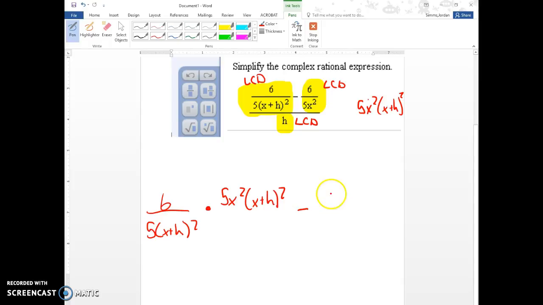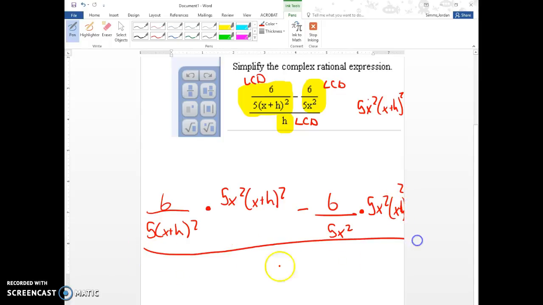Minus our second term, which is going to be 6 over 5x squared, again, times our LCD. H squared. You get the idea, I hope. All of that is over h, which is also going to be multiplied by 5x squared times (x plus h) squared. All right. So that's a mess to look at, and I'm going to need some more room.